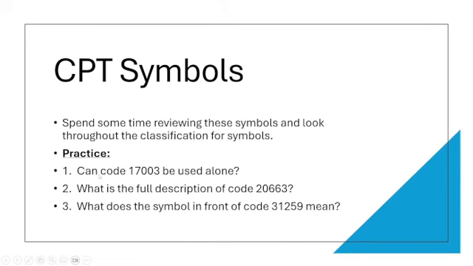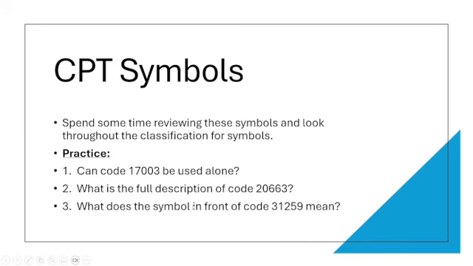Question number 1 says, can code 17003 be used alone? Go to code 17003 in your CPT book. There's a symbol in front of it. What does that symbol mean? And so my question is, can that code be used alone? What is the full description of code 20663? Watch the symbol.